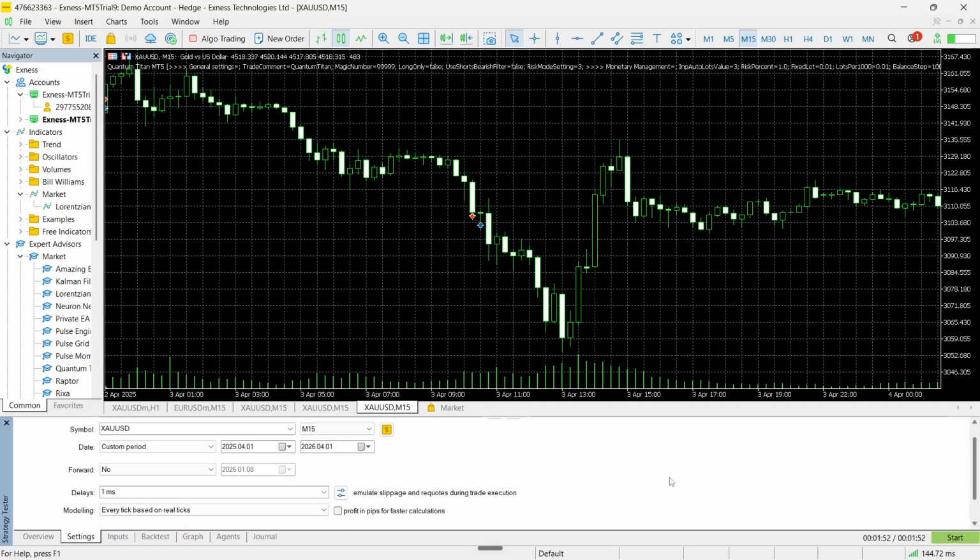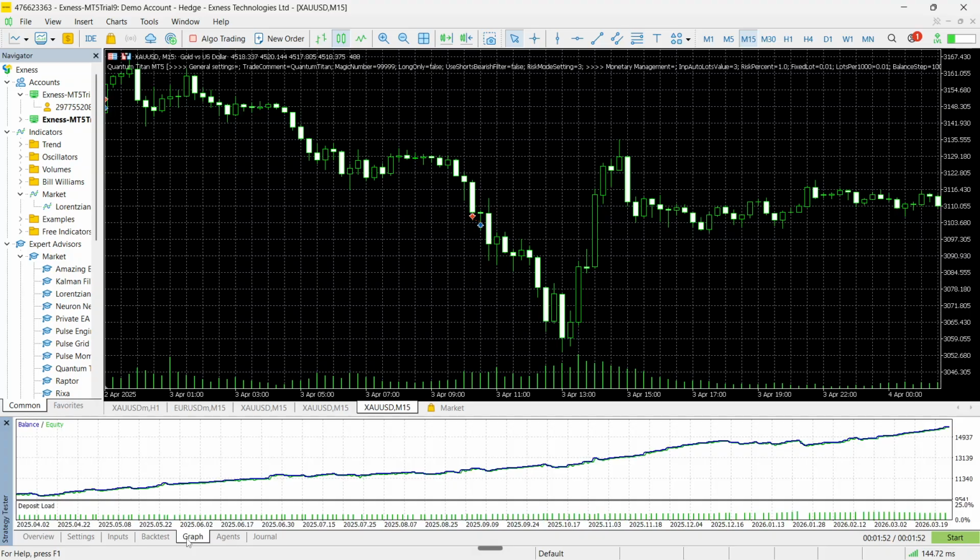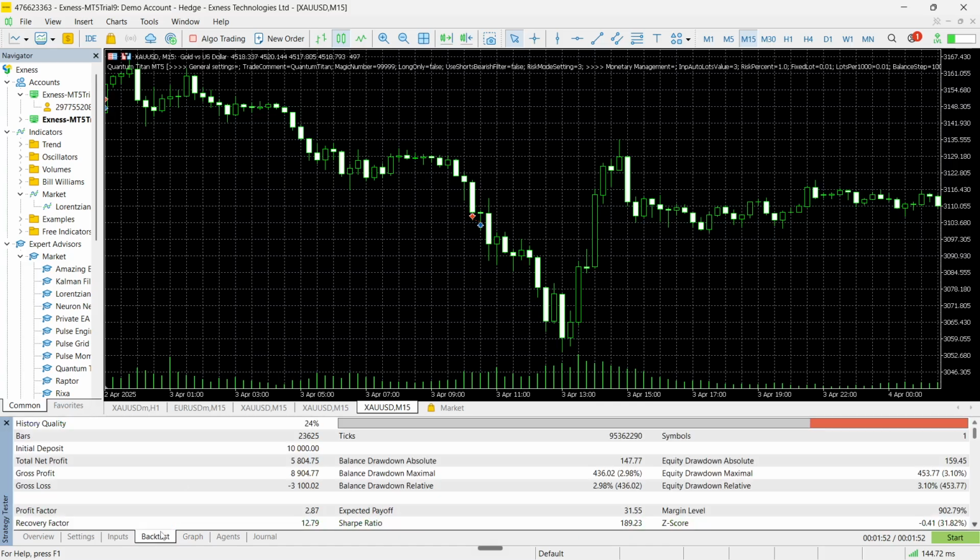And for an initial deposit of $10,000, the equity curve shows steady controlled growth with net profits, as you can see in the results, around $5,800. The profit factor is 2.87 and the recovery factor is strong at 12.79.